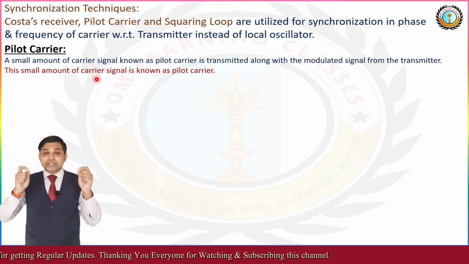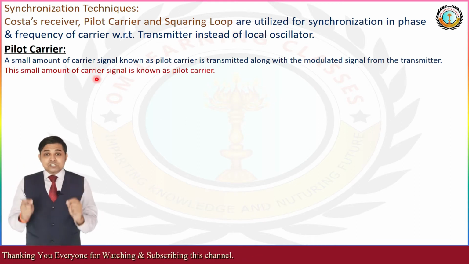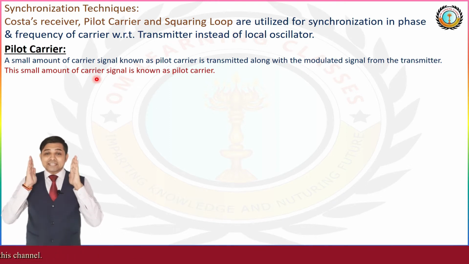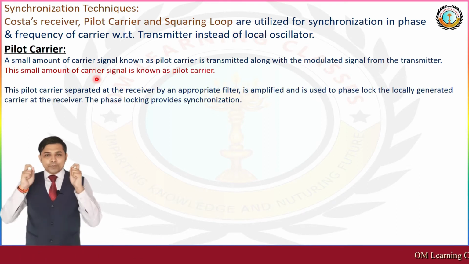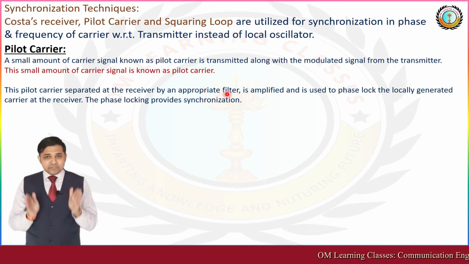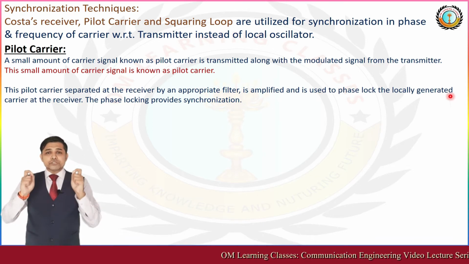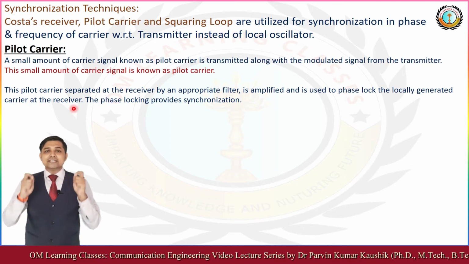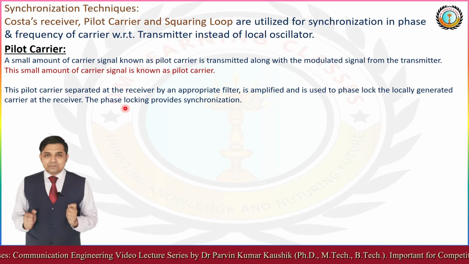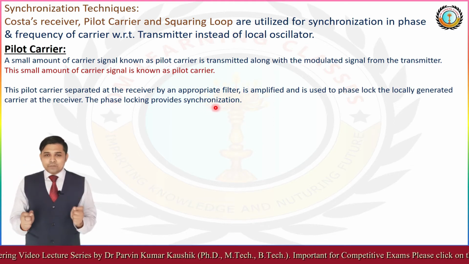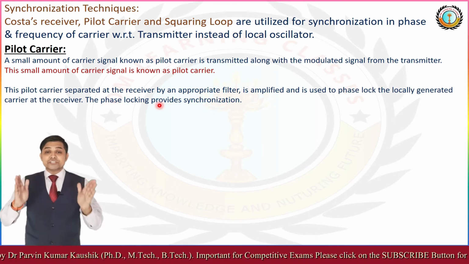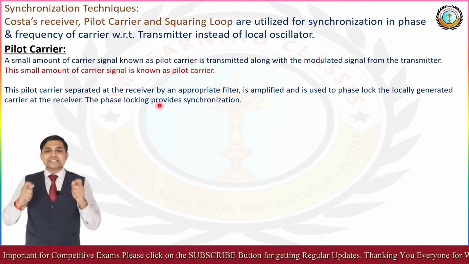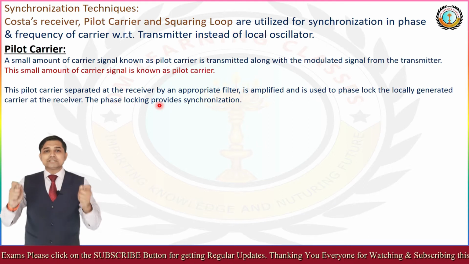The pilot carrier is separated at the receiver by an appropriate filter, amplified, and used to phase lock the locally generated carrier at the receiver. This phase locking provides the synchronization at the receiver in terms of phase and frequency with respect to the transmitted carrier wave.